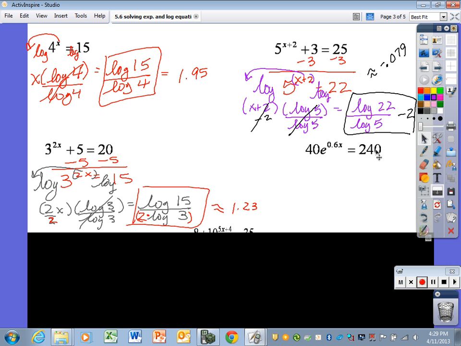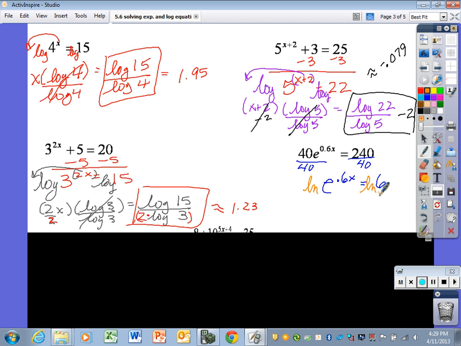All right, let's try this one. Whoops. Divide by 40. E to the 0.6x equals 6. Can I get 6 and e to be the same base? No, so I have to log both sides.